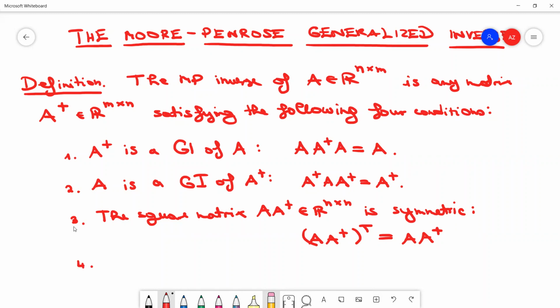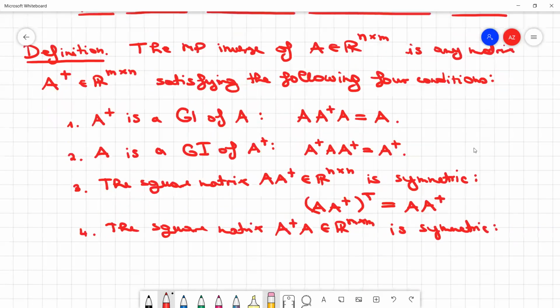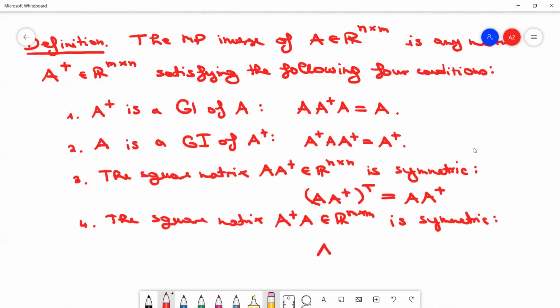So the fourth condition is an analog of the third. So the square matrix A plus A, this is an m times m matrix, is also symmetric, meaning that A plus A transposed is just A plus A.